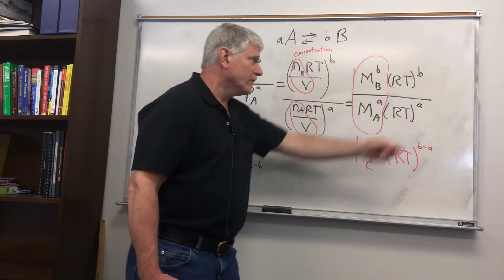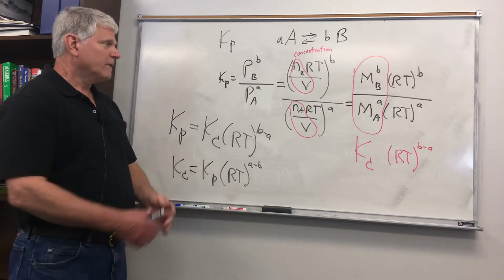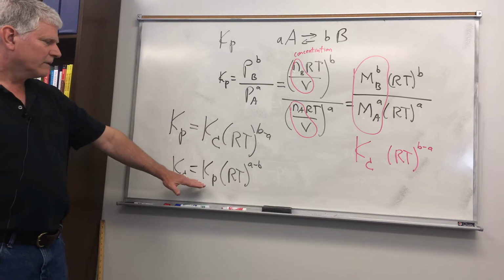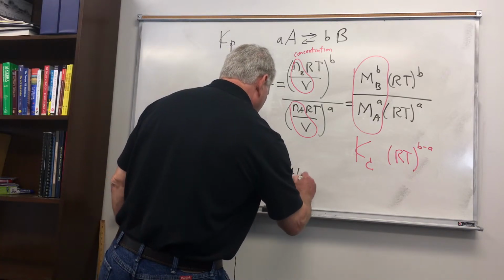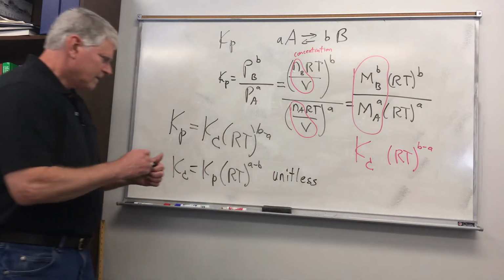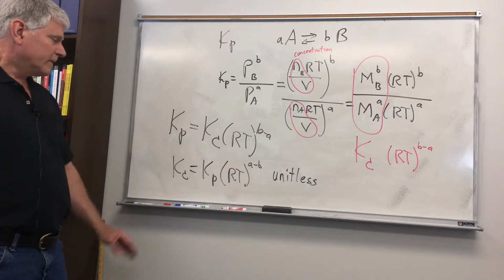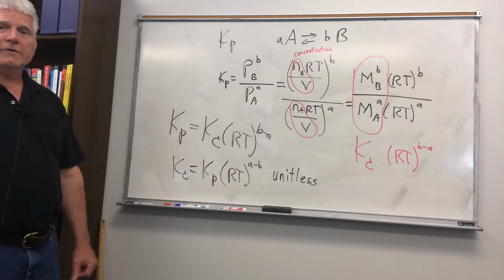I'll have factors of units for RT to cancel those units as well. But this is our abbreviated form, and just remember that this is unitless. We'll have concentration units and RT units, but in our abbreviated form, all our units are going to cancel.